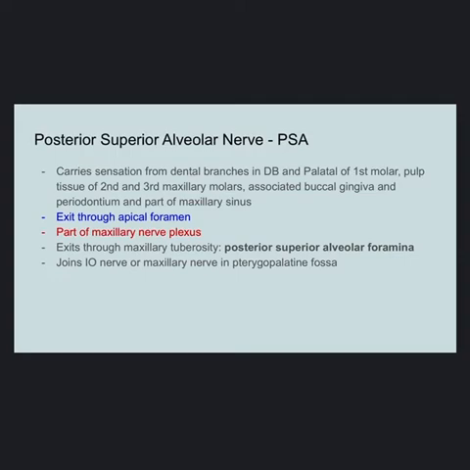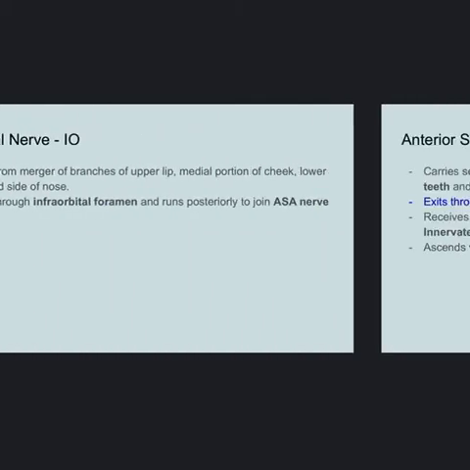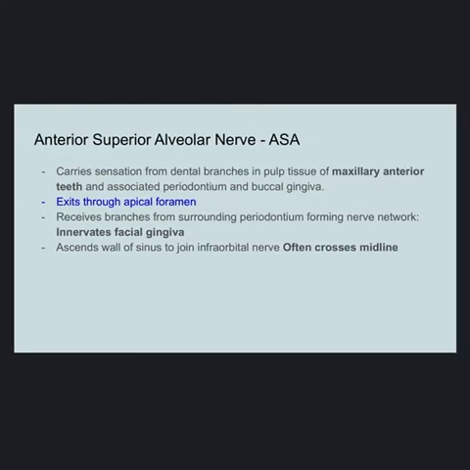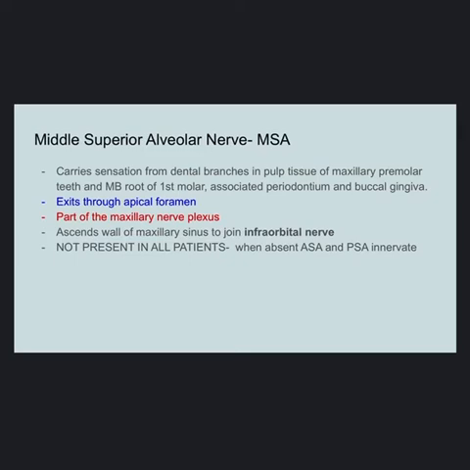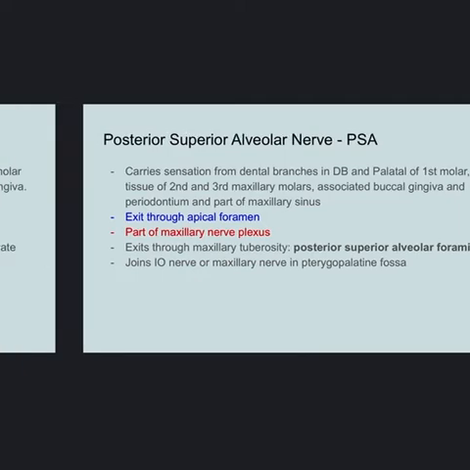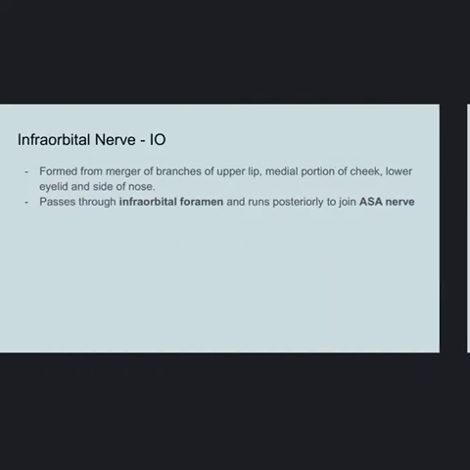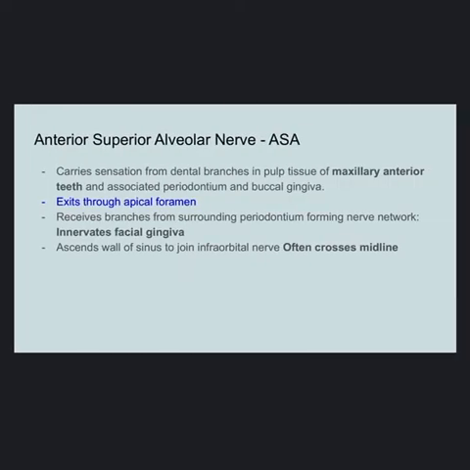So just in case you get confused, here's the main thing. When it comes to the IO, the ASA exits through the apical foramen. The MSA exits through the apical foramen. And so does PSA. But the main difference between these is the fact that IO passes through the infraorbital foramen.